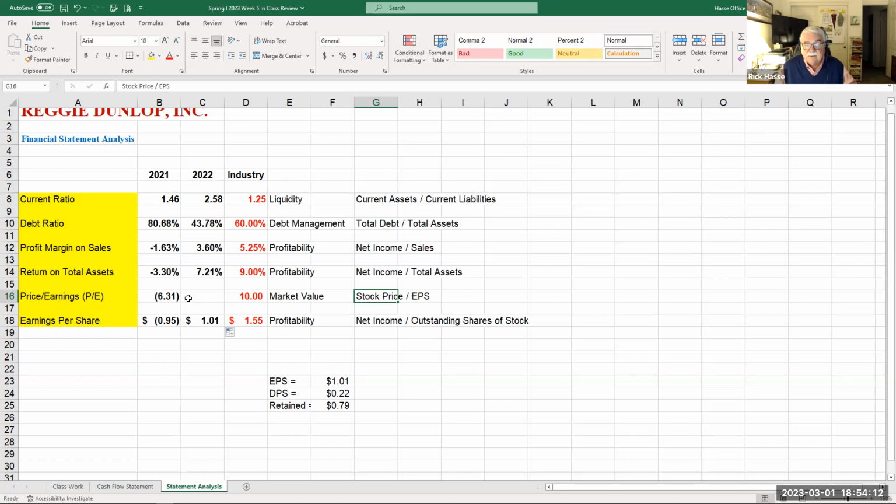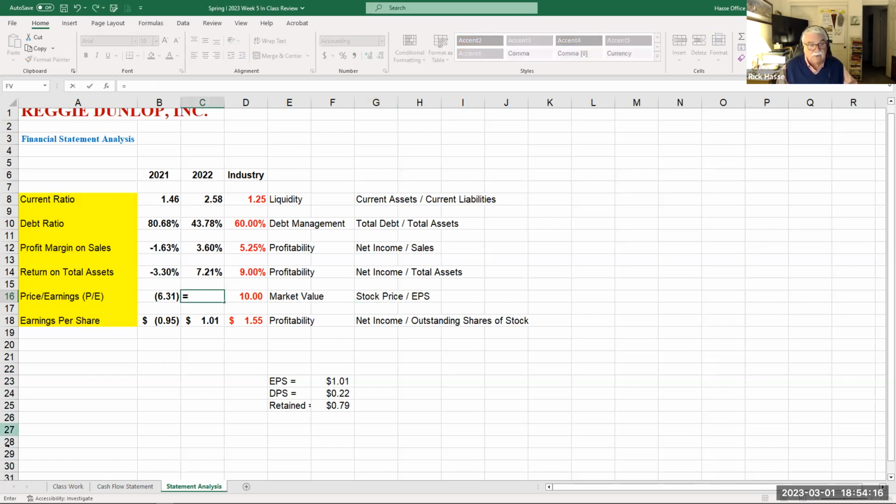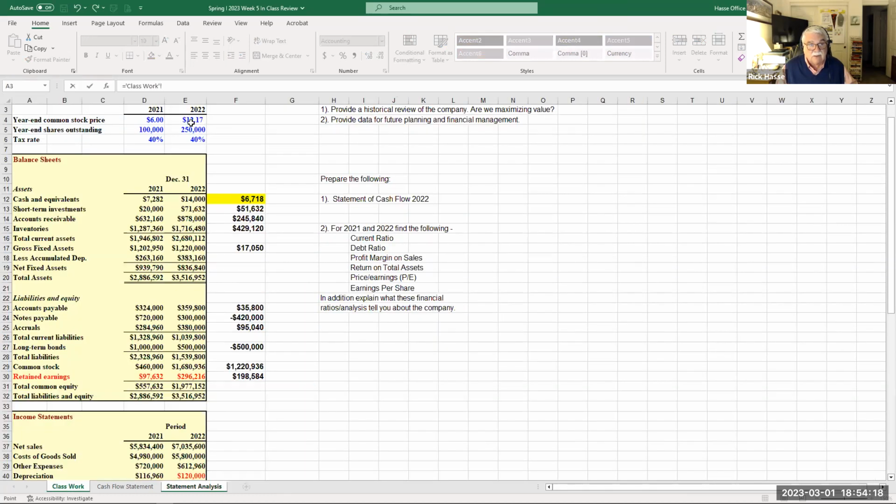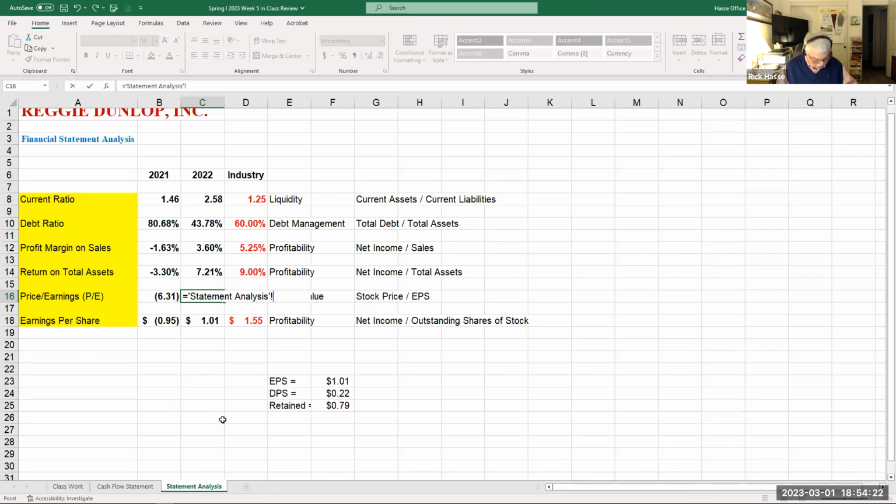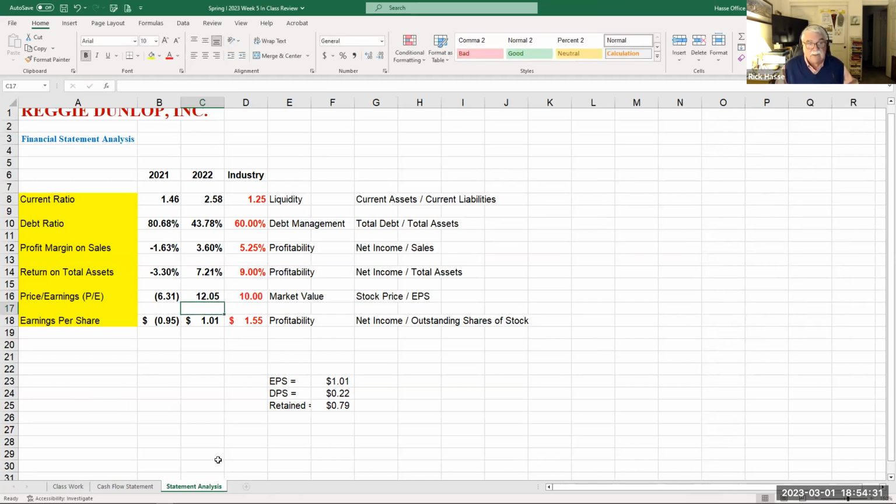So in 2022, remember our stock price, if we go to the income statement, our stock price at the end of the year was $12.17. So if we go in and we put $12.17 and divide it by our earnings per share, we get what is called the PE ratio.